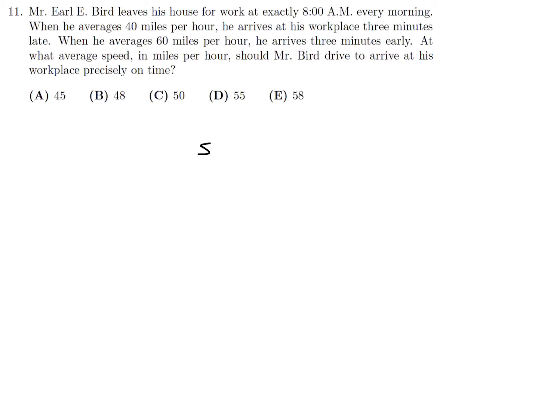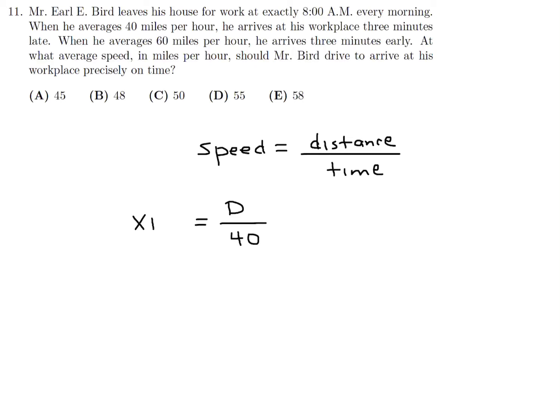So the main equation in this question will be speed is distance over time. And they give you two scenarios. The first scenario is that the distance over 40 miles per hour is equal to x plus 3.